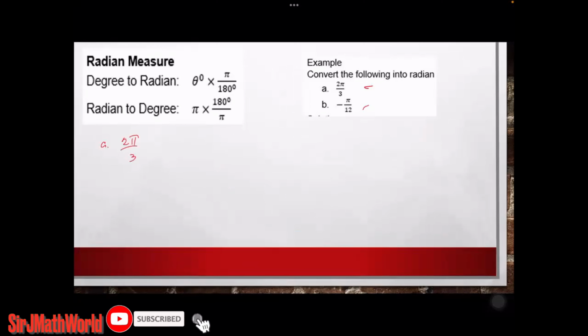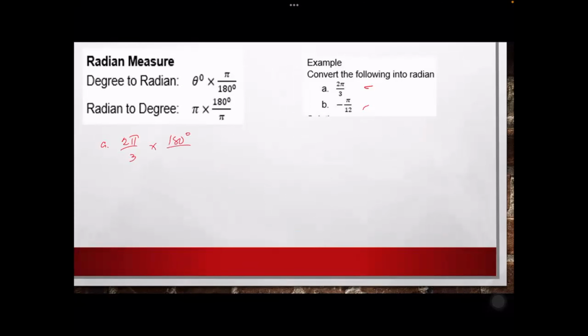Then, multiply natin siya ng 180 over pi. So, cancel out ito. So, this will be 2 times 180 over 3. Ang 2 times 180 ay 360. Magkakaroon tayo ng 360 divided by 3. Therefore, magkakaroon tayo dito ng 120 as the answer.